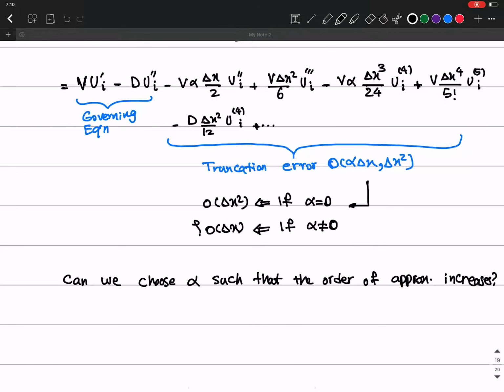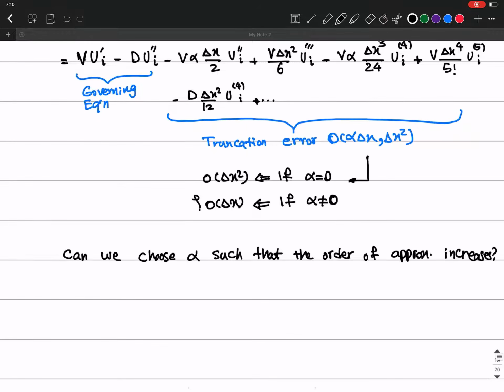Can we choose alpha such that it increases the order of approximation? Is it possible to do that? And we want to answer this question. Can we choose a particular value in order to increase the order of the accuracy, for example, to delta x cubed, even more than delta x squared? We want to investigate that here.